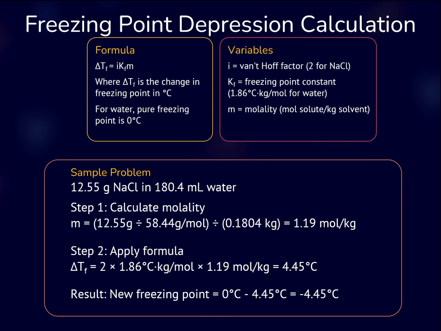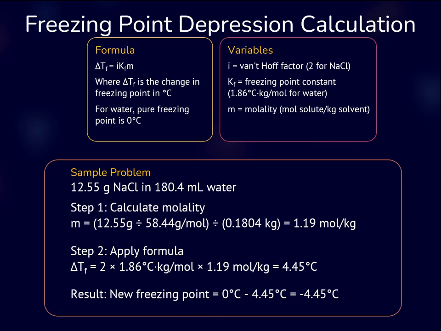Then we're going to find the mass of the water, because again, molality is moles per kilogram. In this particular example, we're given a volume of water. So in order to find the mass of the water, we're going to multiply the volume of the water by the density, which again, in this example we've been given, is 0.9941 grams per milliliter.